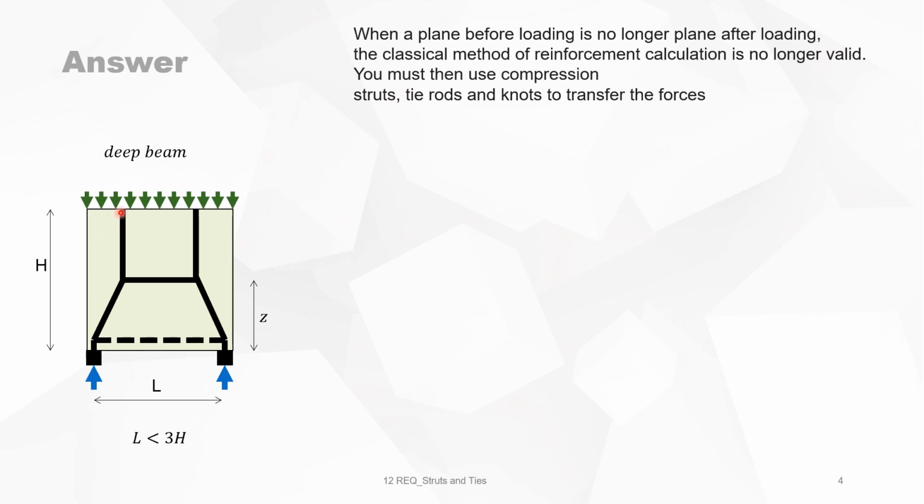You can solve this with some very simple equations, and the geometric condition is that the distance between the 2 supports must be smaller than 3 times the height of the beam, the height of the wall. Otherwise, you will have simple bending.